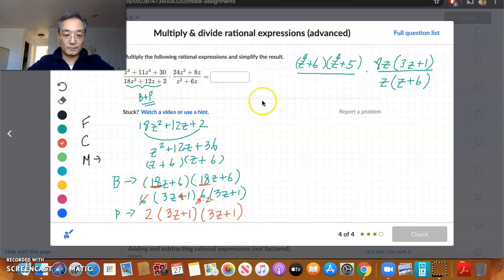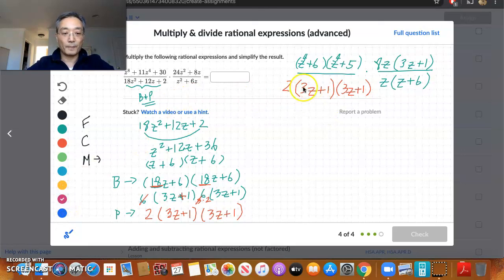So let's write that in. Okay, so we're going to have 2 times (3z plus 1) and (3z plus 1). Okay, and now it's time to cancel. So let's start canceling here. Let's use this one.